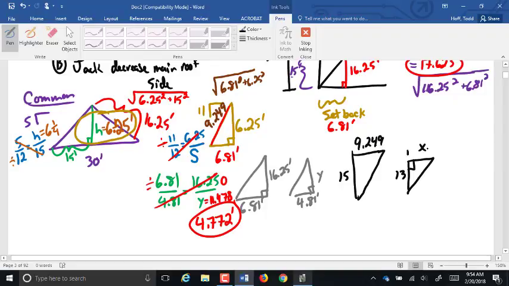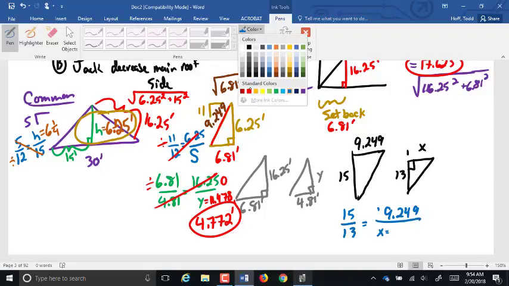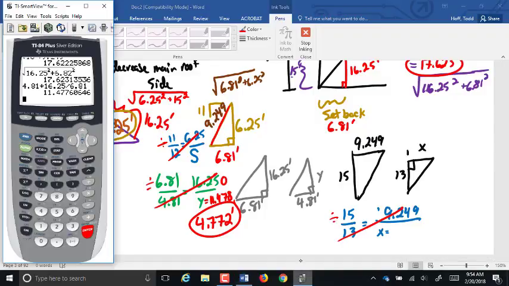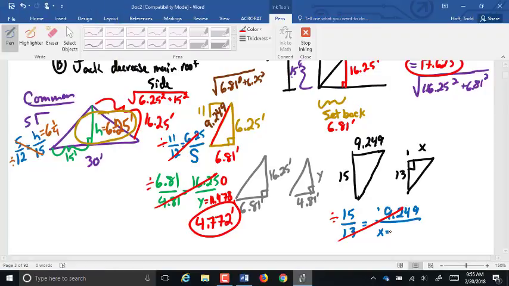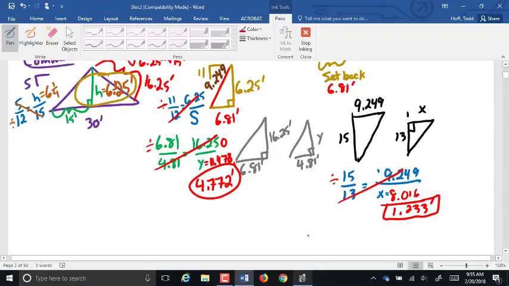We'll call this X. So we've got 15 over 13 equals 9.249 over X. Cross multiply and divide there. So 9.249 times 13 divided by 15 gives us 8.016. 1.233, close enough, feet. So we've got the two decreases.